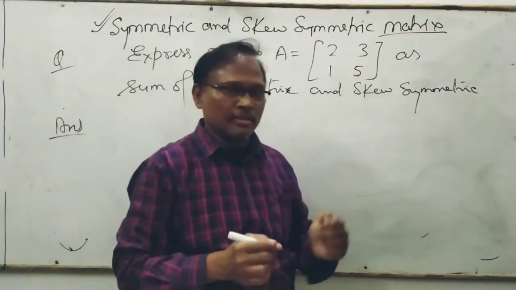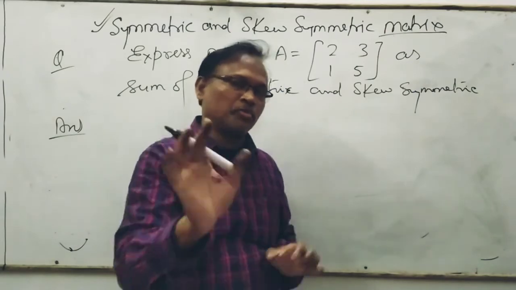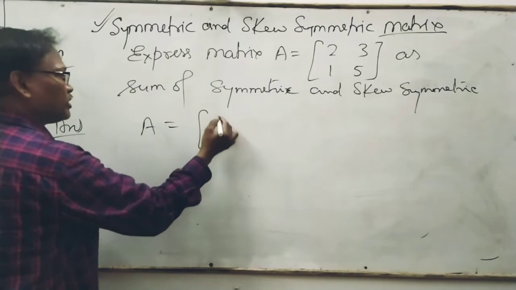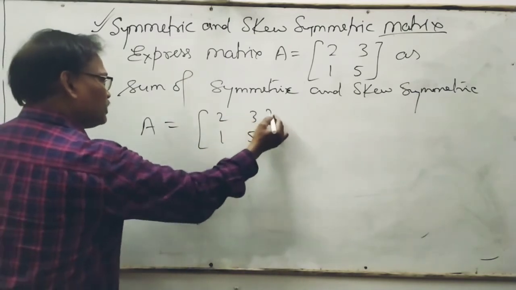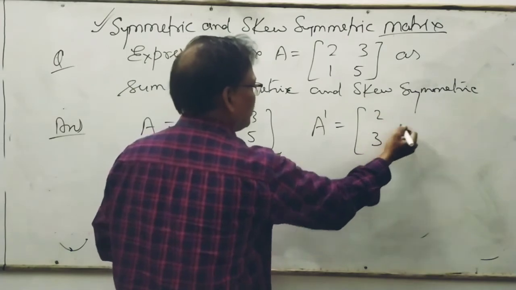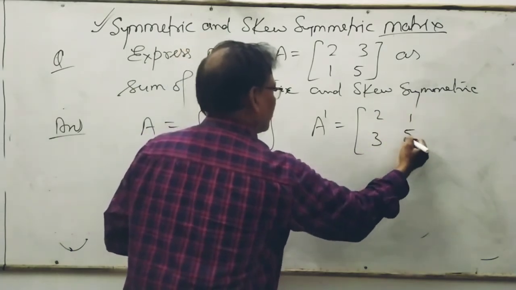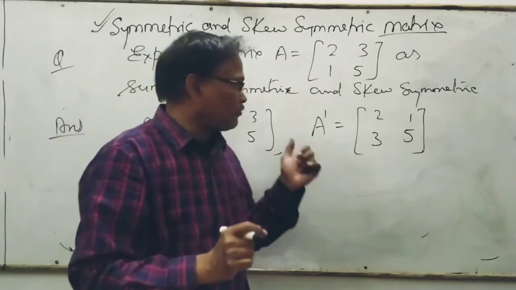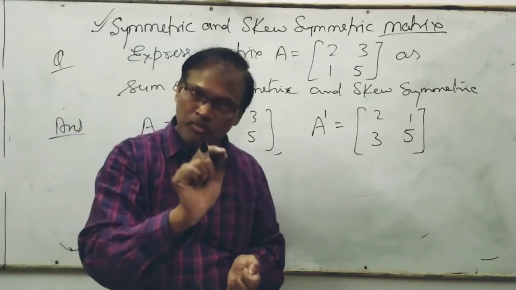अगर मैट्रिक्स A दिए गए हैं तो first you find the transpose of the matrix A. तो transpose A is equal to, it is given 2 3 1 5. So what is the transpose of the matrix? That is 2 3 1 5. Clear? Then this is the first step, find the transpose of the matrix.